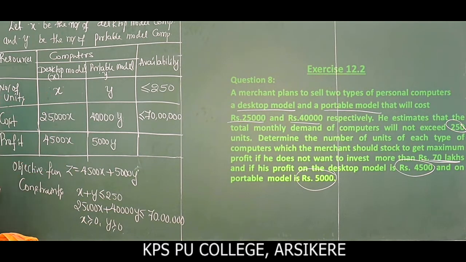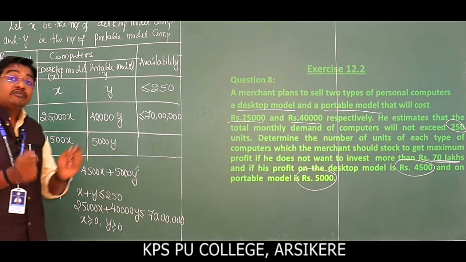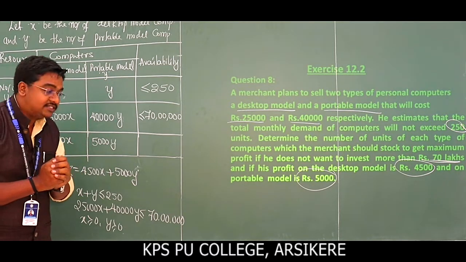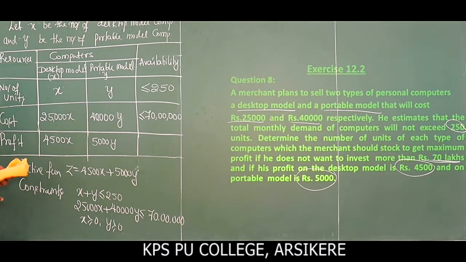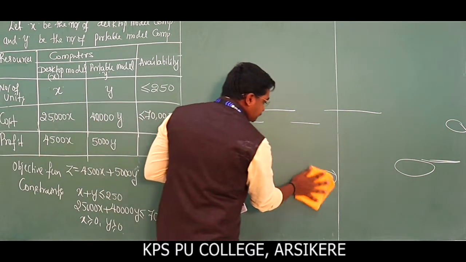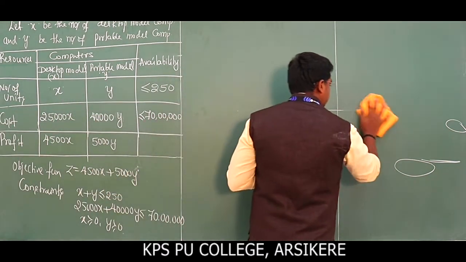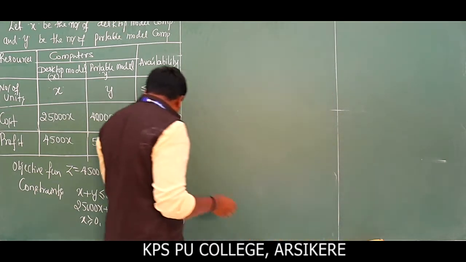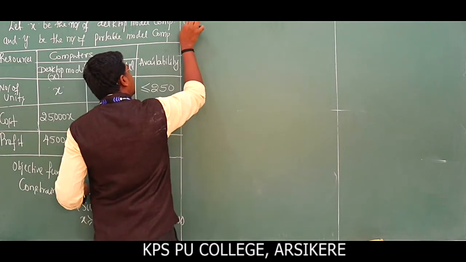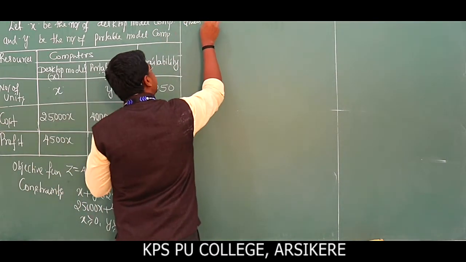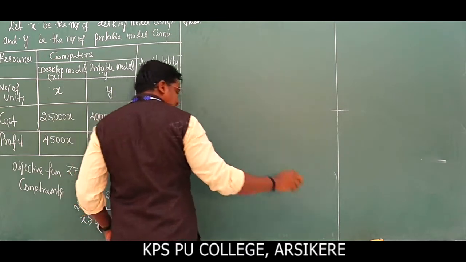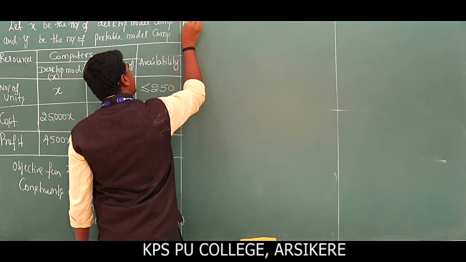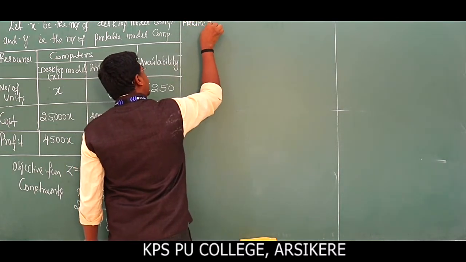Okay, now solve this problem. Before going to solve the problem, first you have to find the feasible region, right? First find the feasible region. Given, we need to maximize Z. What is your objective function?